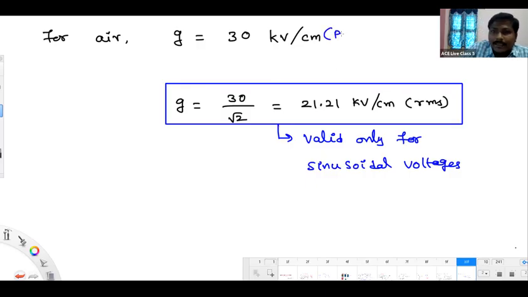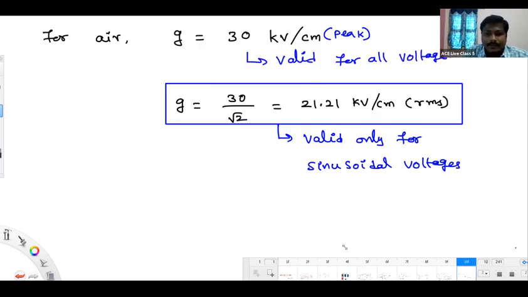Write in brackets: peak; valid for any signal, valid for all cases, all types of voltages. Clear? So from this point, you should not get a doubt about the dielectric strength of air. I've explained both numbers and which value has to be used at what place.